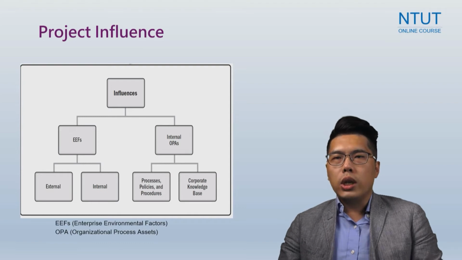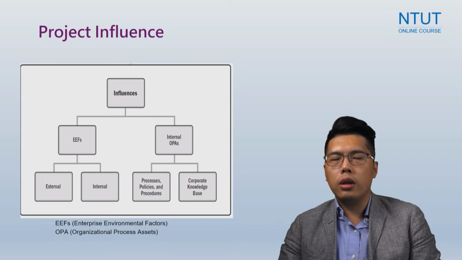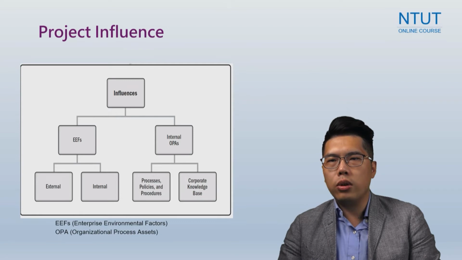Okay, so in terms of the influences, it can be categorized into the EEF and the OPAs. The EEF stands for the enterprise environmental factors, which describe the environment where the firms are involved. The EEF will have two different perspectives, which are the external and the internal EEF.